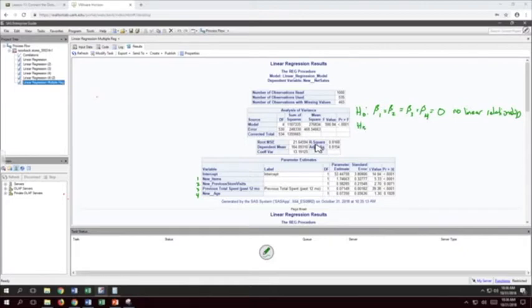Our alternative is that overall, big picture, when I write out symbols, I'm just going to say that there is a linear relationship. So at least one beta doesn't equal 0. There's got to be a slope somewhere.